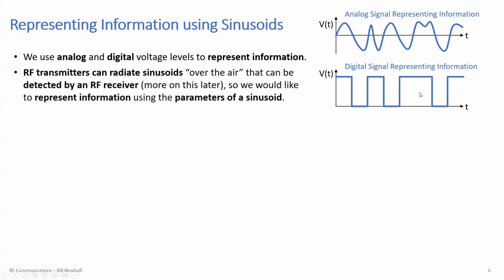Okay, so RF transmitters, their whole purpose is to radiate sinusoids over the air. And you want to radiate sinusoids that can be detected by an RF receiver, which we'll talk about later. Okay, so we would like to represent information using the parameters of a sinusoid.